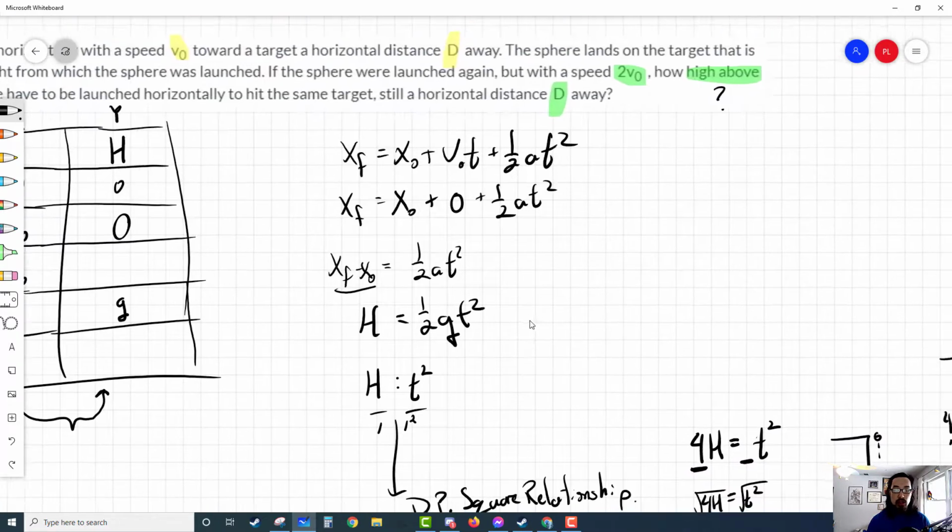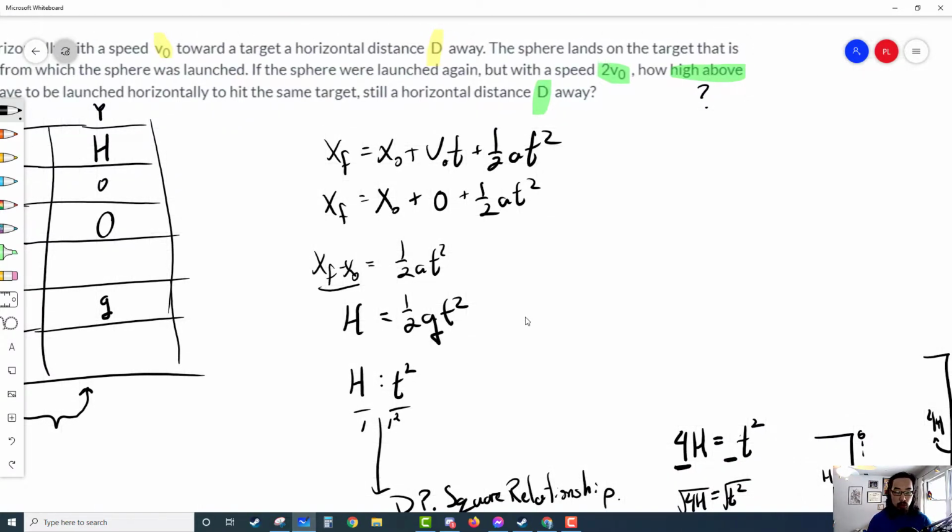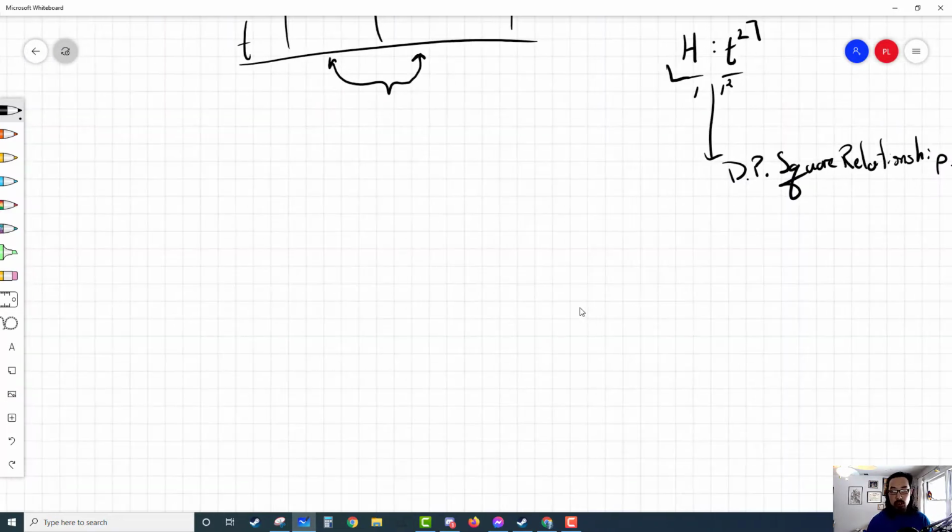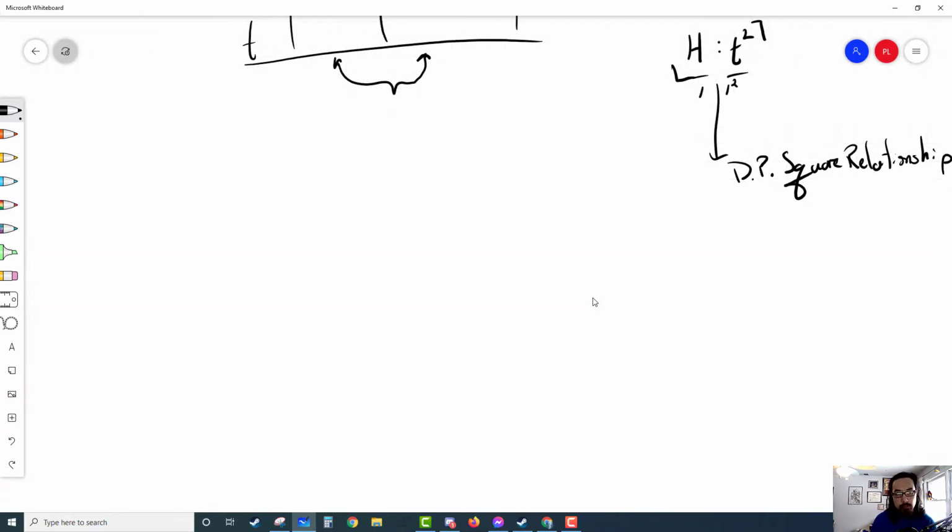This relationship alone isn't good enough, because we can't use the y stuff to solve for this horizontal distance. So let's figure out the relationship for the x direction. We have v final is equal to v initial plus a times t, and x final is equal to x initial plus v initial t plus 1/2 a t squared.